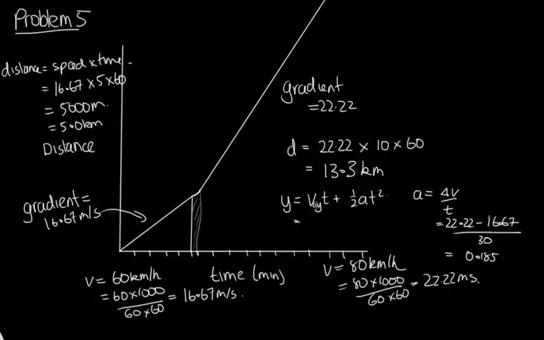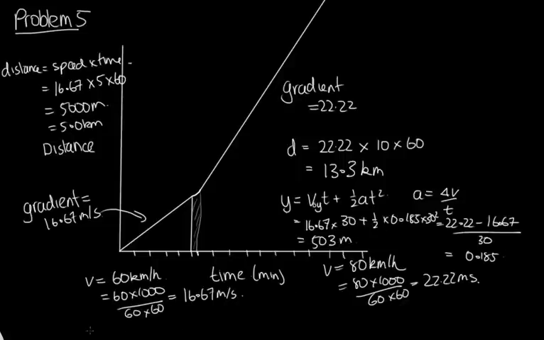And so this is equal to the initial velocity, which is the 16.67, times the time, 30 seconds, plus a half times 0.185 times 30 squared. And solving that, we end up with 503 meters.